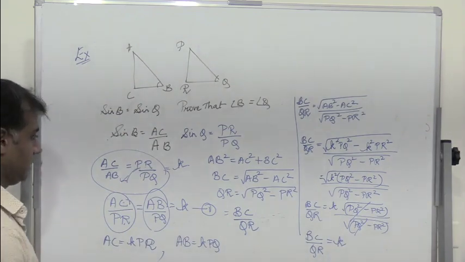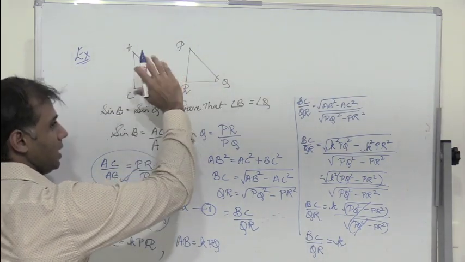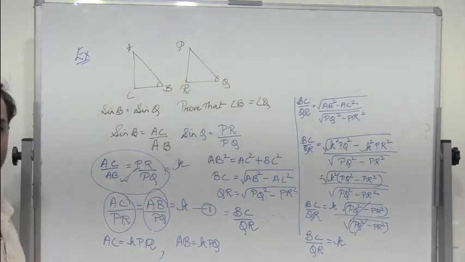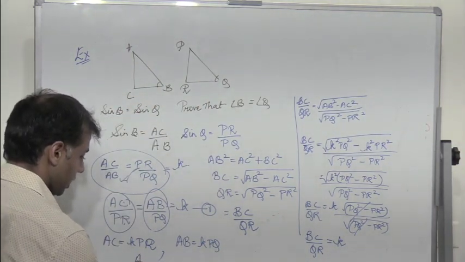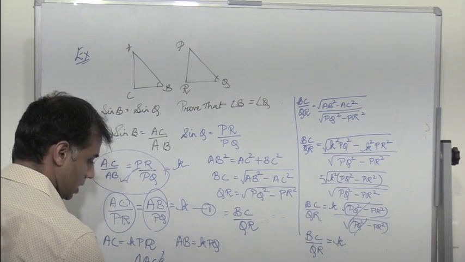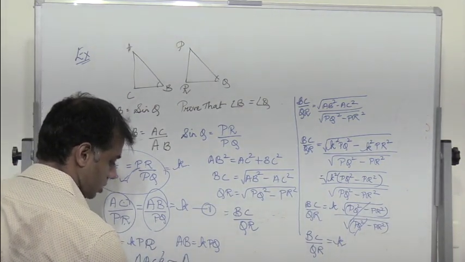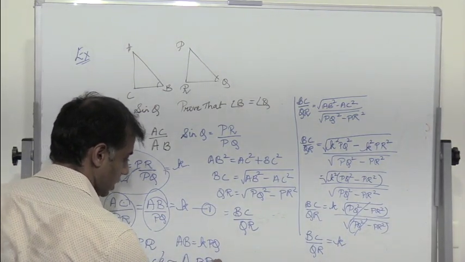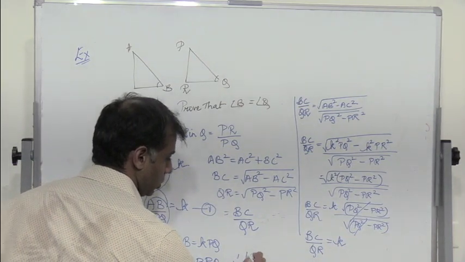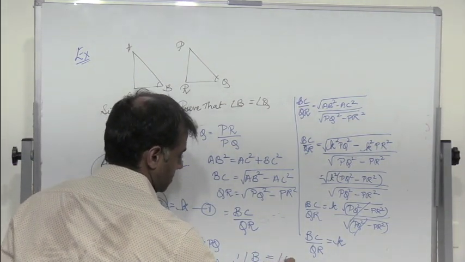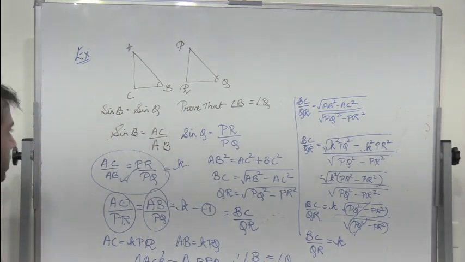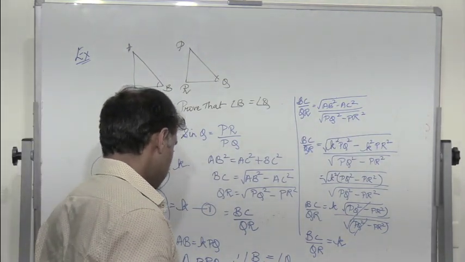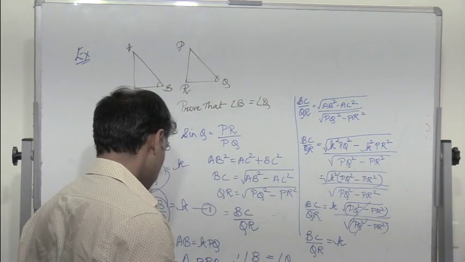So the ratios of the sides are the same for all the three sides. Therefore the triangle ACB is similar to the triangle PRQ, and therefore we conclude that the angle B must be equal to angle Q. Right? So it's a fairly simple problem. So let's move on to the next.